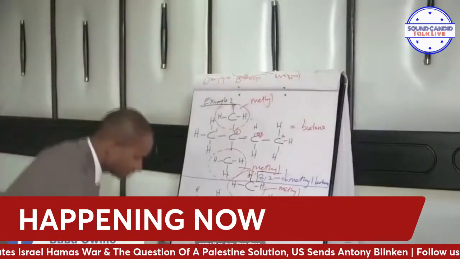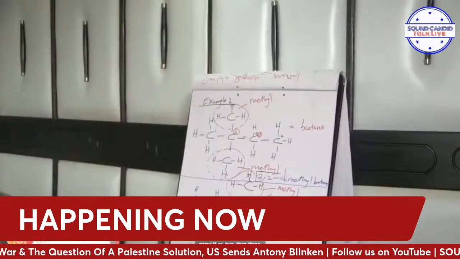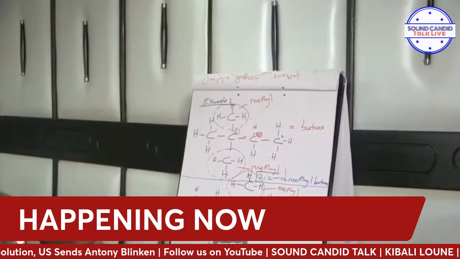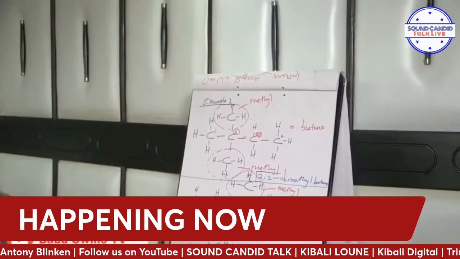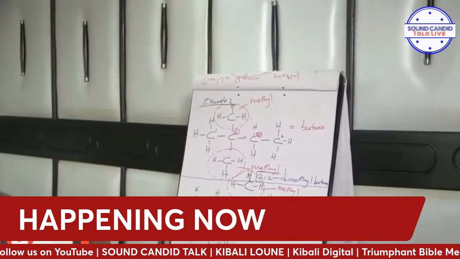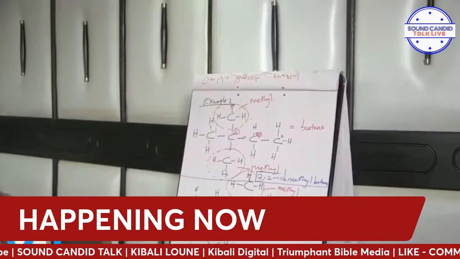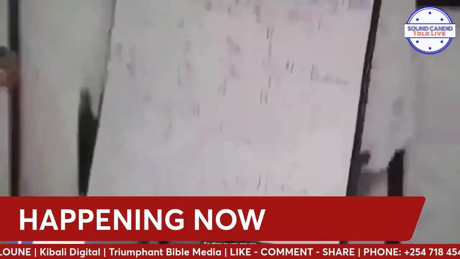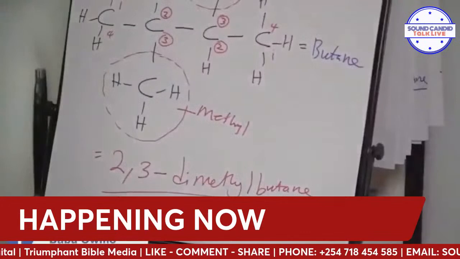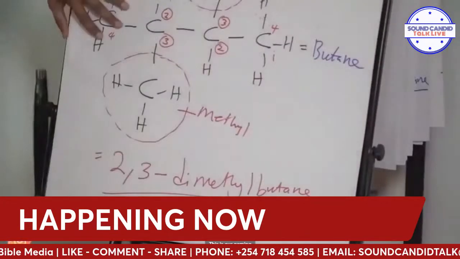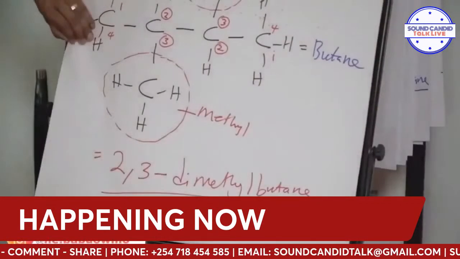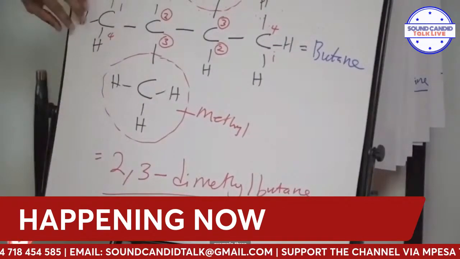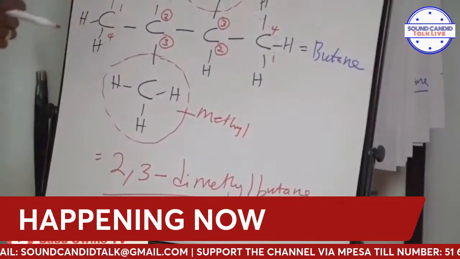So you simply name it as 2, then 3, then there are 2 methyls, you say dimethyl butane. So class, as you can see, this is our naming with the double branches. This is example 3.